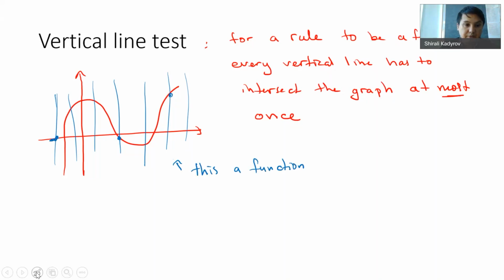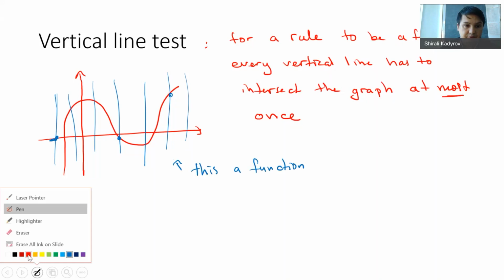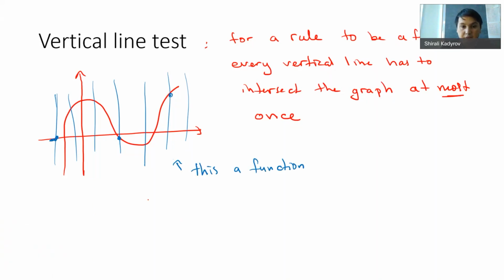Let me give a non-example. So for example, let's look at the circle. Some sort of a circle, not this metric. So here. Now, if you apply a vertical line there, for example, here, it doesn't intersect. So that's fine, right?